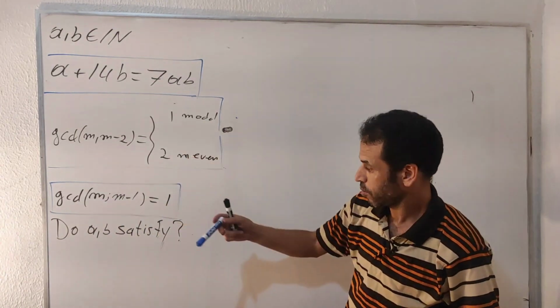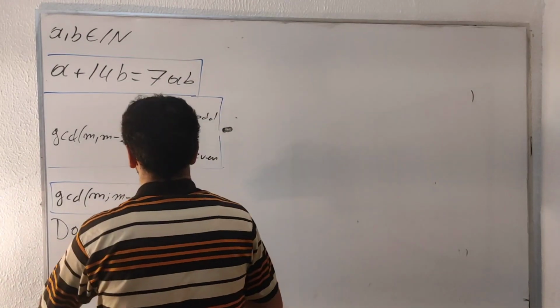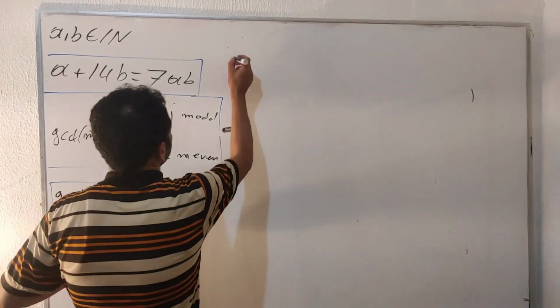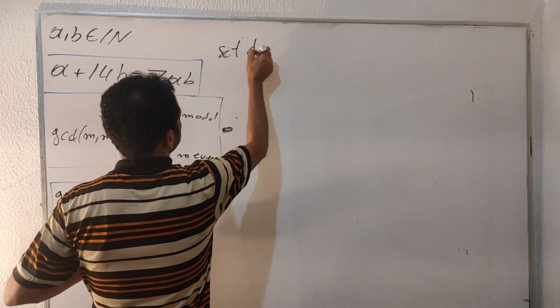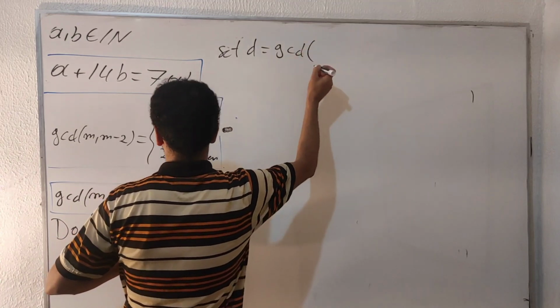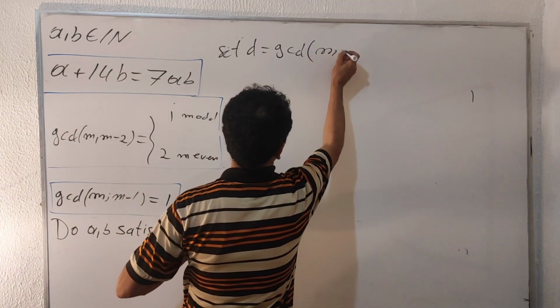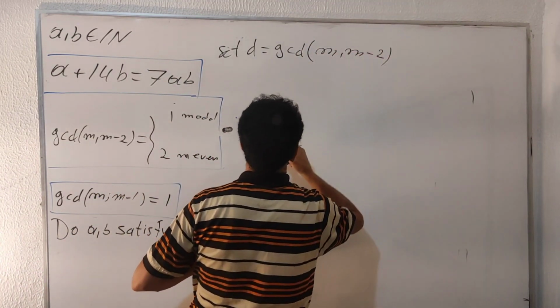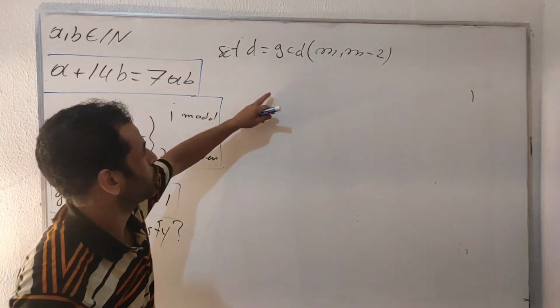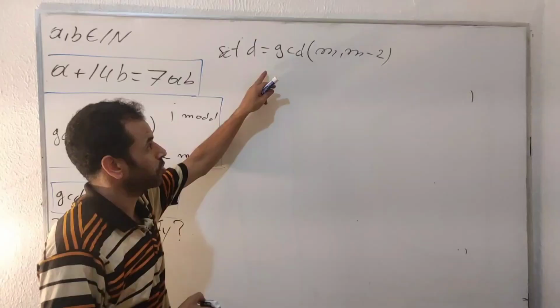Now let's go through the proof. Let's prove the first one. Let d equal the GCD of these two integers, m and m minus 2, which means we have a common divisor for both integers.